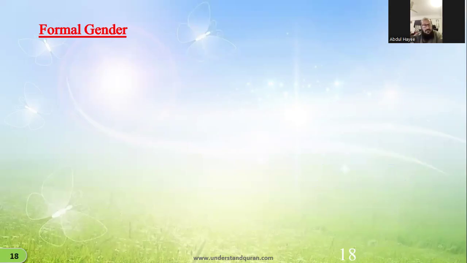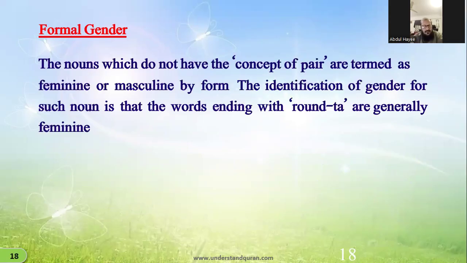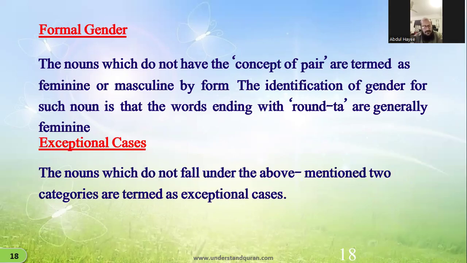Then is the formal gender. Formal gender: the nouns which do not have the concept of a pair are termed feminine or masculine by forming the identification of gender. For such nouns, words ending with round ta are generally feminine. Then the exceptional cases: the nouns which do not fall under the above two categories are termed exceptional cases.